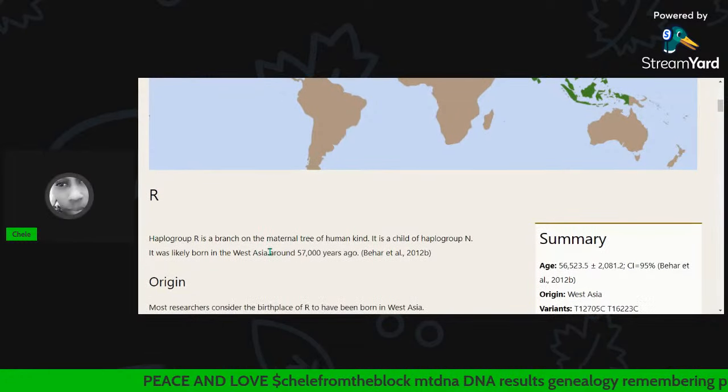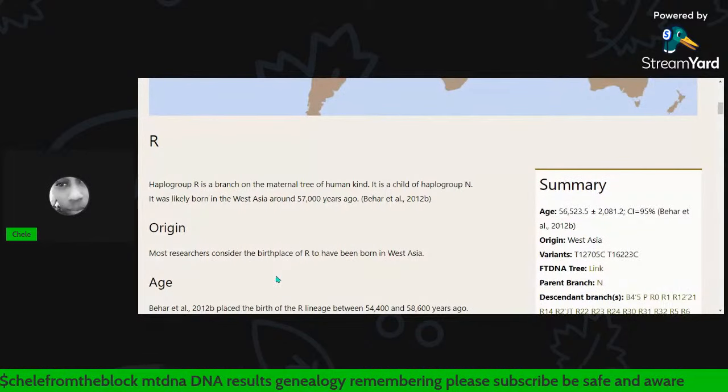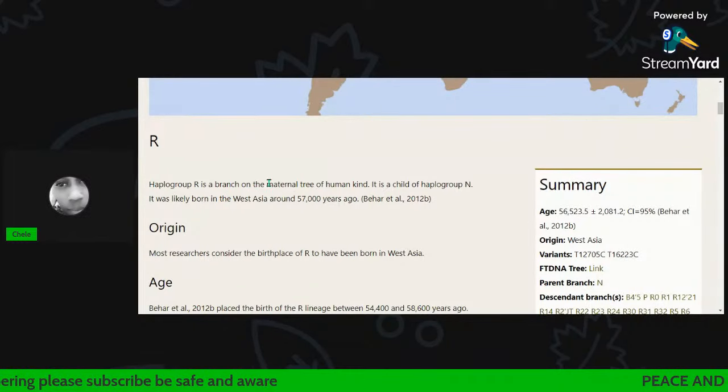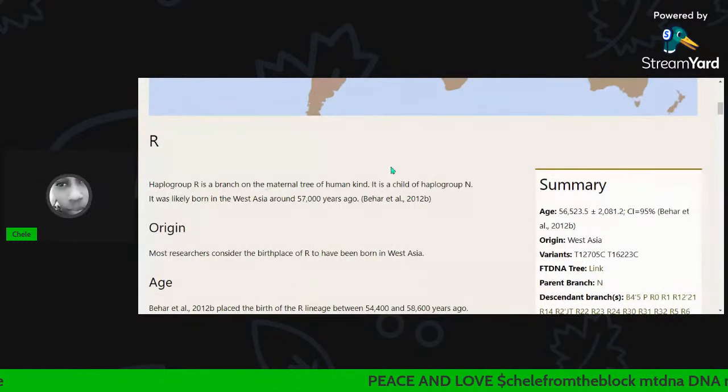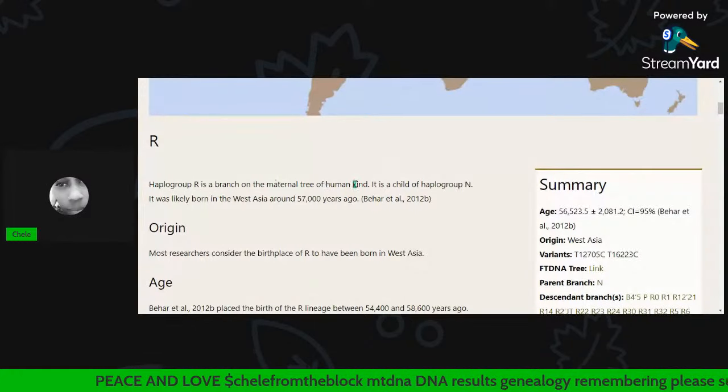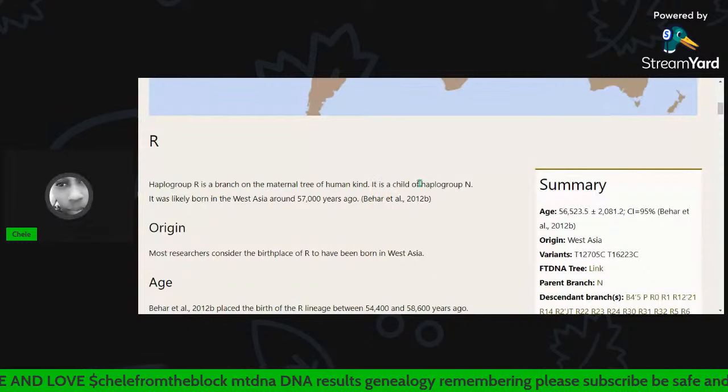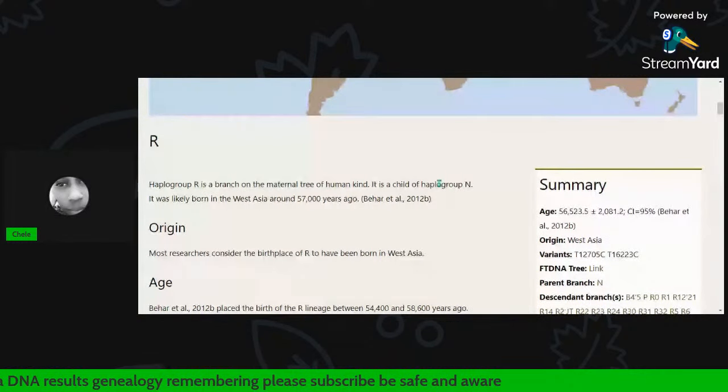So here we are at the last haplogroup branch that we're going to do tonight, because I have class in the morning. Again, another child of N. R is a branch on the maternal tree of humankind. It is a child of haplogroup N. And again, N is distributed with me along with D at the percentage of 2.5%.